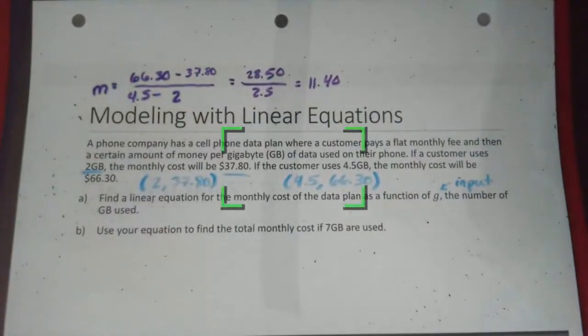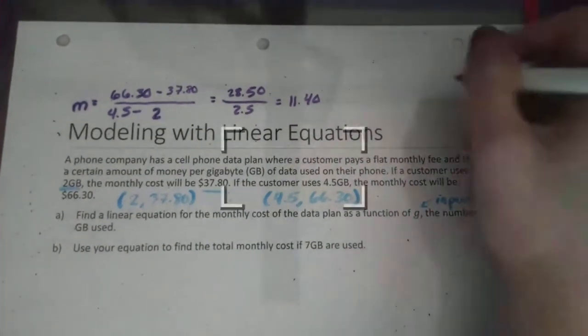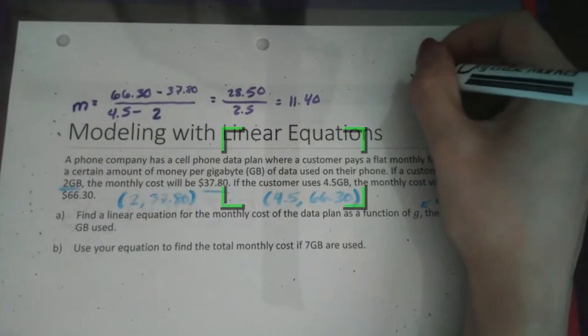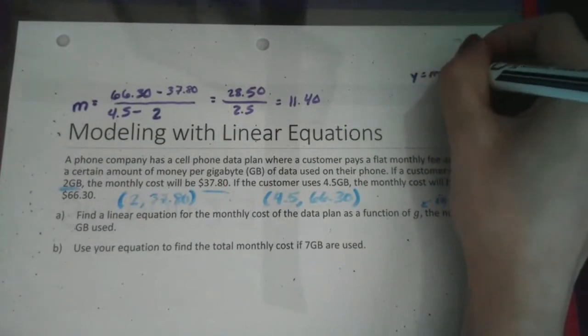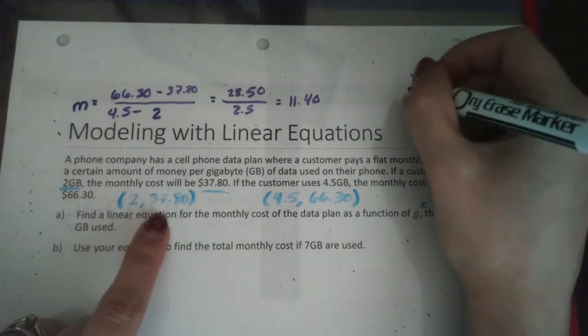So now what we have is a slope. What I don't have is a y-intercept. So I need to keep going. Let's try using y equals mx plus b and see how that goes. I'm going to use this first point, (2, 37.80), because I think it'll be a little bit nicer.